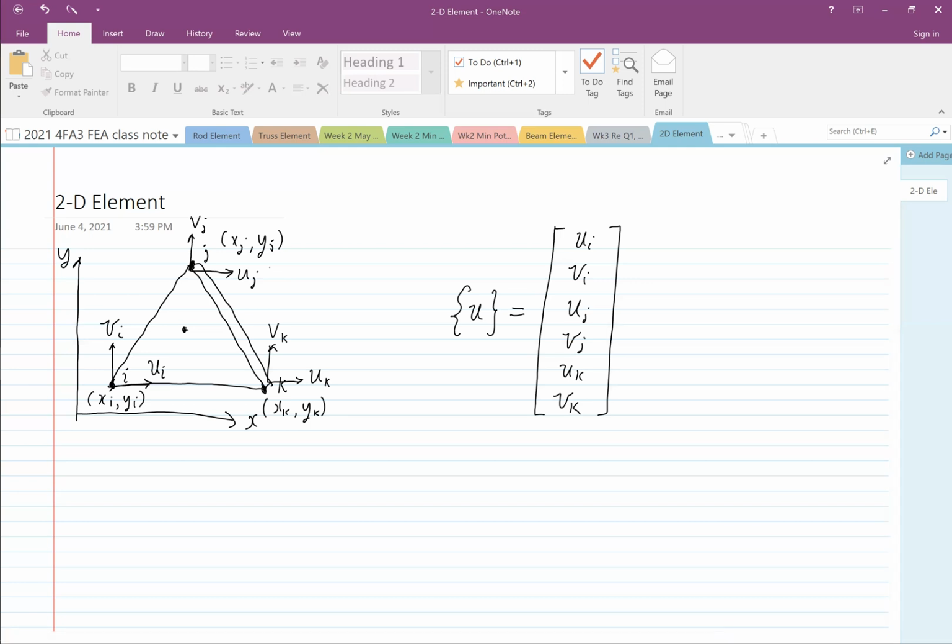So the node has 6 degrees of freedom. It's able to receive 6 forces, and also it tells you 6 displacements. The displacements, you may log them, and you may detect how it moves due to some force. And let's say I apply some force within the element in the middle, we need some equations to translate that force in the center to the 3 nodes first before we carry on.